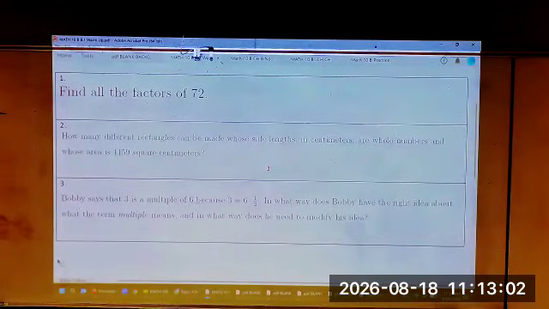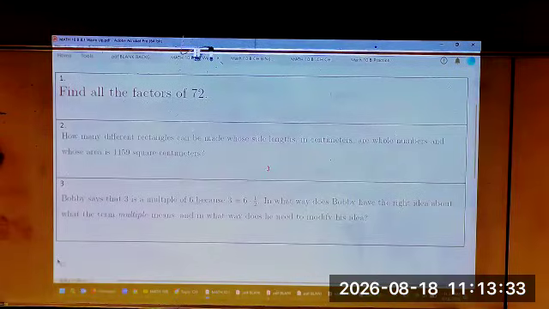I like to start with the number 1 and 72, and then 2 times 36, and 3 times 24, and then 4. Does 5 work?